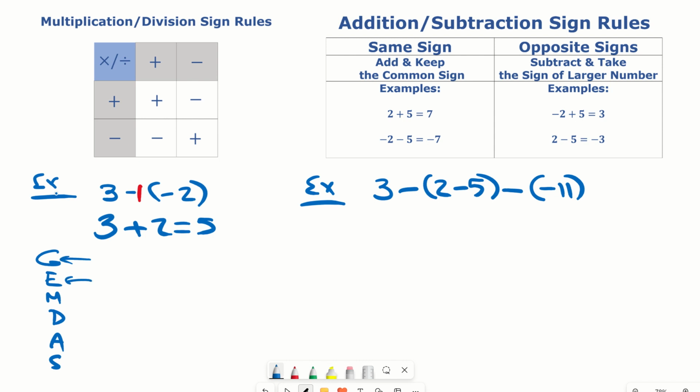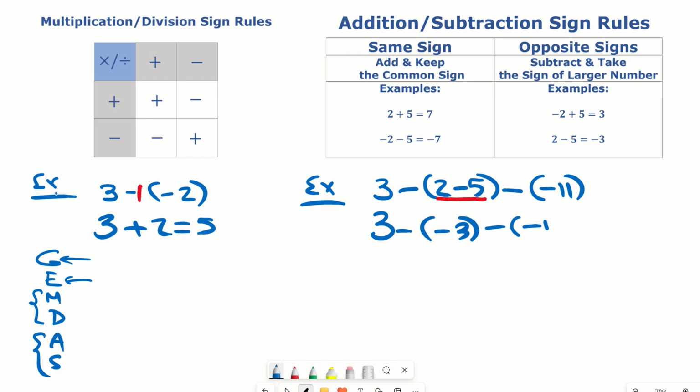Then exponents, then you do multiplication, division from left to right, then addition, subtraction from left to right. So we're going to go ahead and take care of the grouping symbol here first. So we end up with 3 minus, now 2 minus 5, we know is what? -3. And then minus -11.